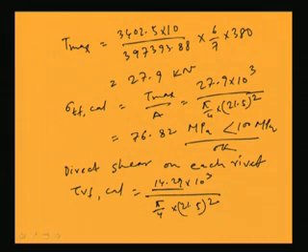This 14.29 can be calculated from the total load divided by 14. The total load was 200 by 2 into 7, because the total number of rivets is 14. So, from this I can find out.